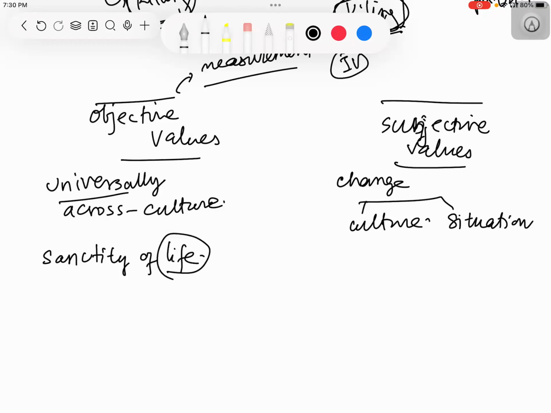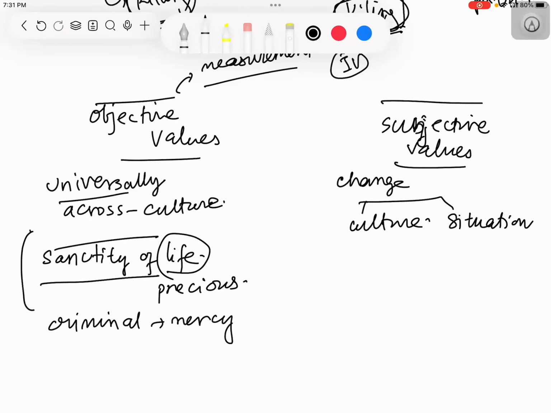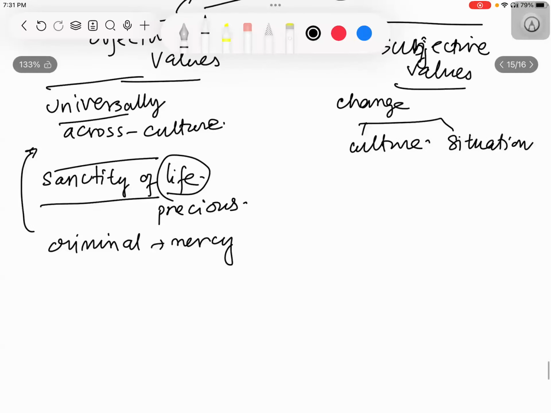Life should be respected, life in itself is precious. But someone will say that we should respect even a criminal's life. Again depending on the situation you can change, but there are also many people who will say that even criminals should not be given capital punishment, even they deserve mercy. So for these people there is one absolute value, that is an objective value, that is sanctity of life.